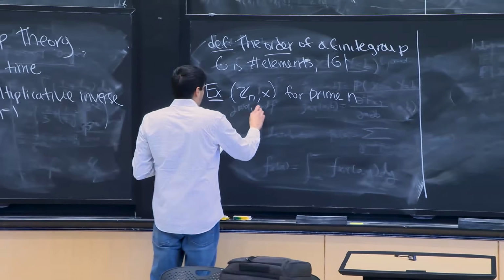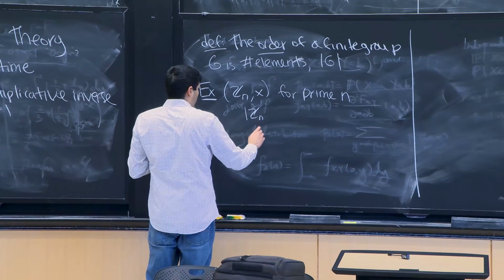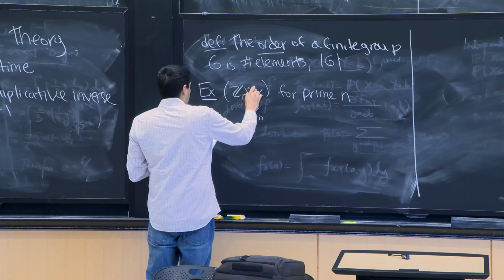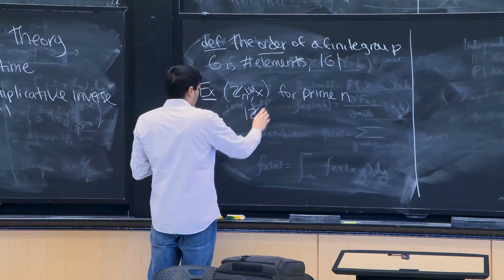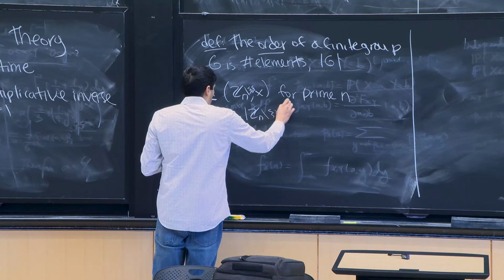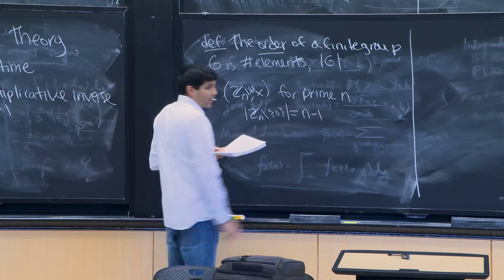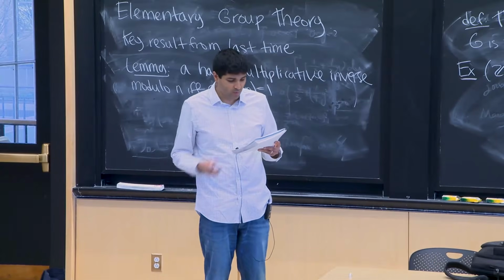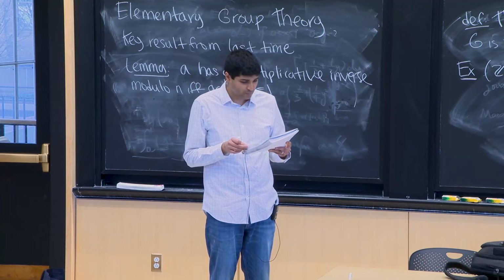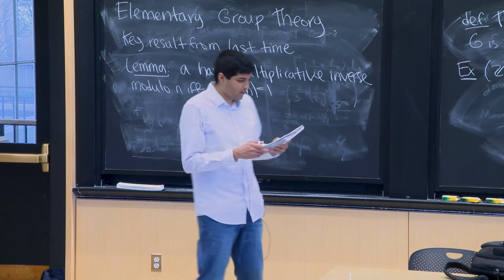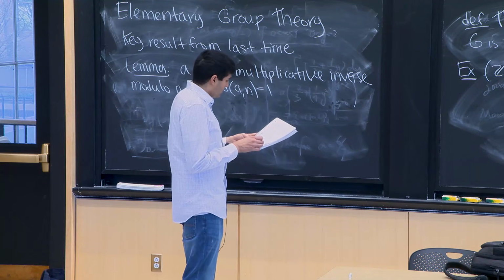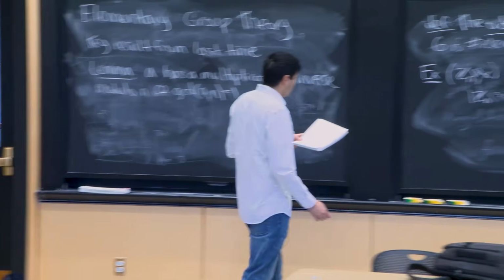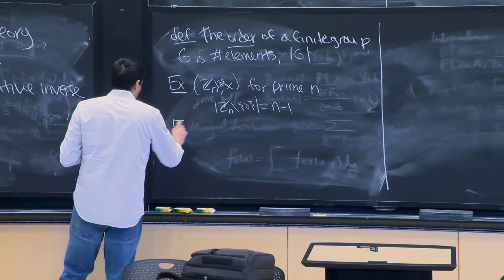Well, the order of this group, Zn minus 0, because the element 0 doesn't work, is just n minus 1, just because I've removed that element. Okay, so let's do one more example.